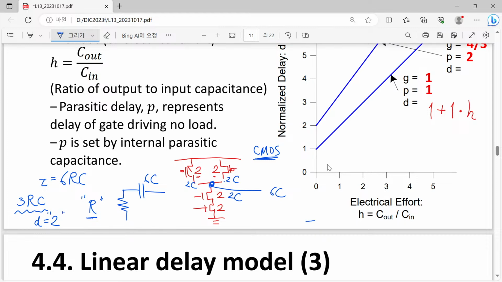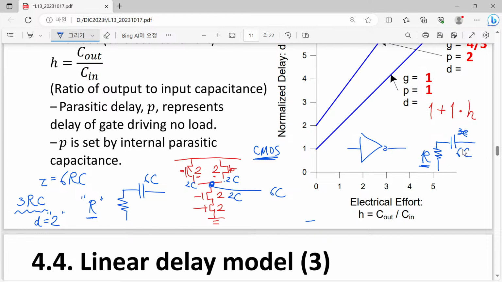Simply speaking, when we make a comparison between our two input NAND gate and our inverter, the effective resistance of the driver is the same, R. However, in the case of the inverter, the capacitance was 3C, and now the capacitance becomes 6C.